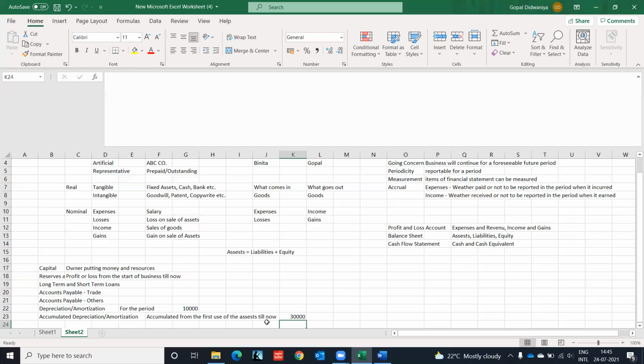For example, 20,000 means we can sell it for 25 or else 15. How will that be possible? You purchased a mobile for 20,000. Will you get 25,000 tomorrow when you are selling it? I'm just talking about you have purchased it for your personal use. You have opened it, the mobile is open and you are using it, and tomorrow you want to sell it. Will you get the same 20,000 rupees? No, I can't get that.